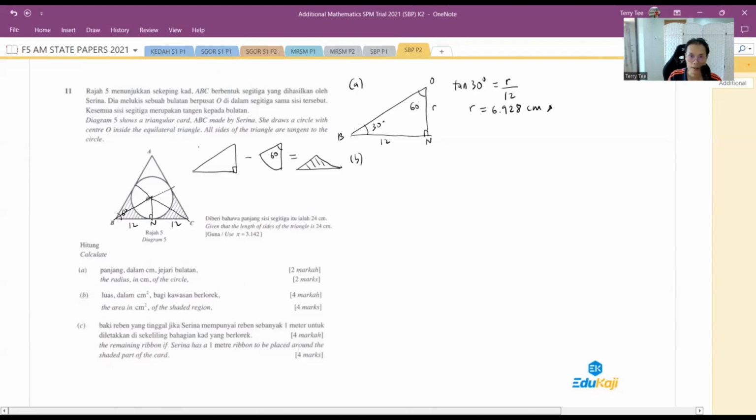So I take the area as 4 times the area of triangle, half times base, my base is 12, height 6.928, then minus area of sector, half R squared theta, with R 6.928. My theta is 60; I convert to radian by multiplying by pi over 180. But remember to use 3.142 for your pi when you type in your calculator.